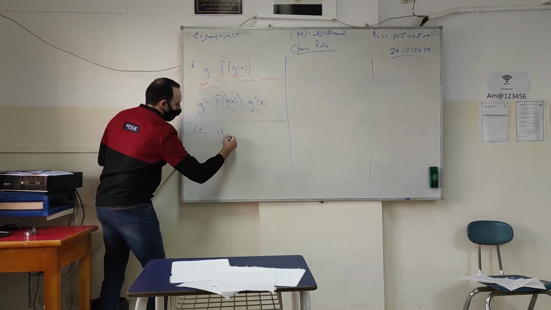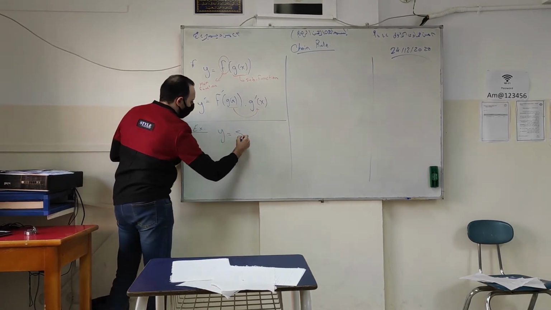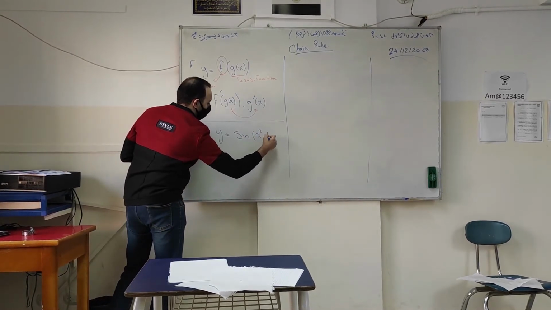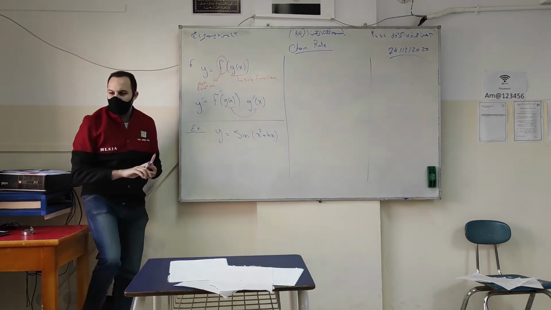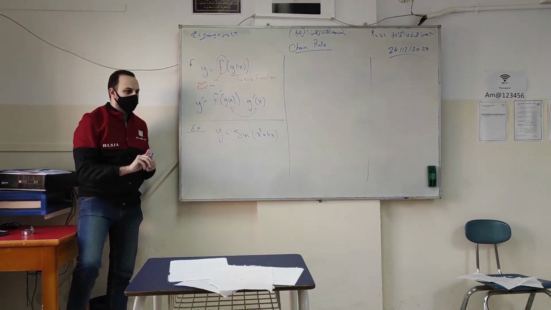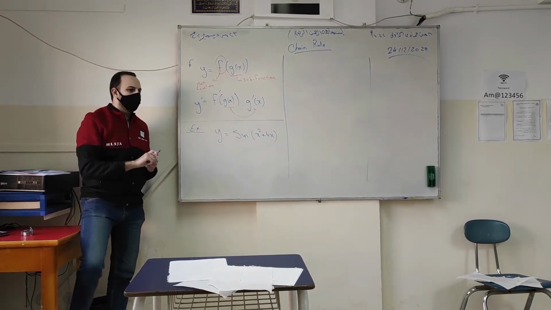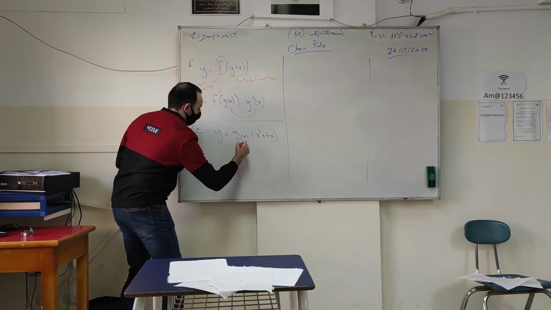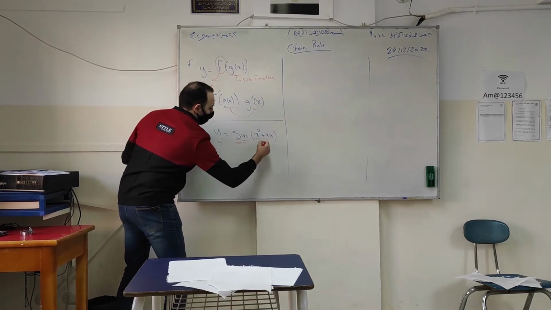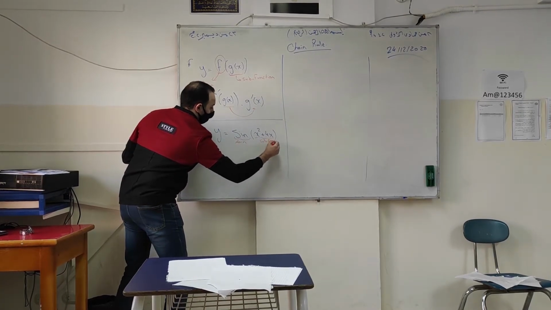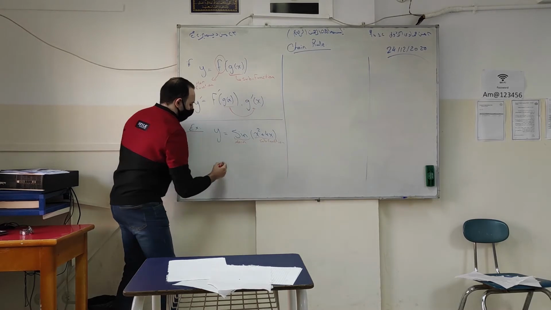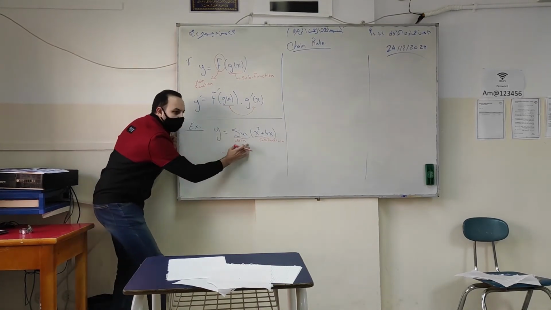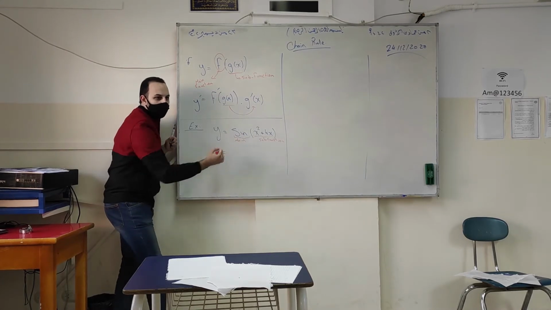If I have y equal, let's say, sine of x squared plus 4x, where is the main function here and where is the subfunction? Sine is the main function, and this is the subfunction, right? How can we differentiate this? I'm going to first differentiate the main function. What is the differentiation of sine?